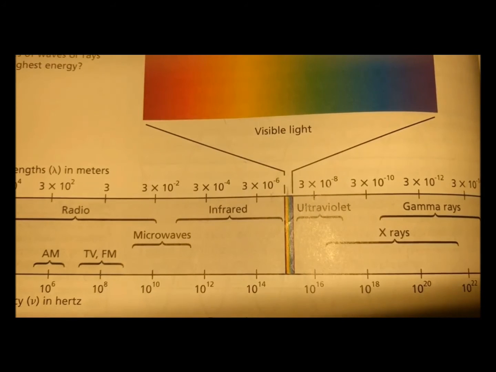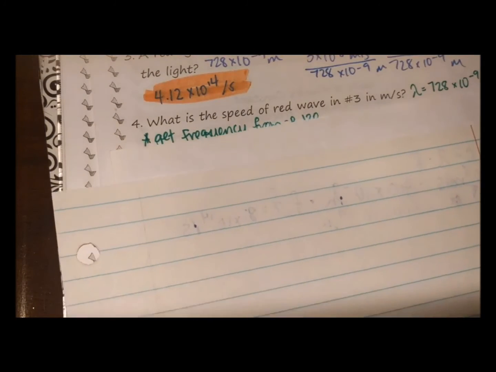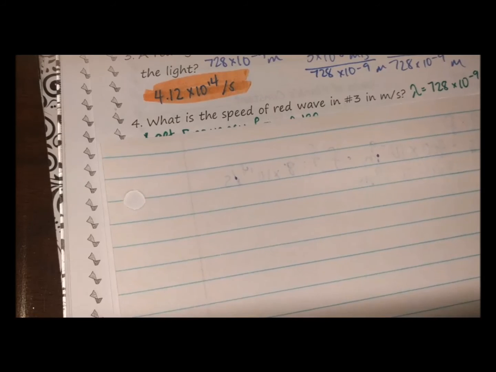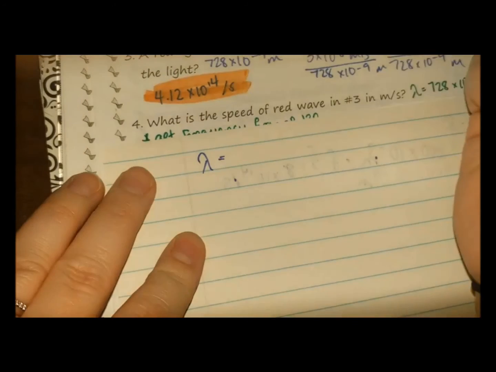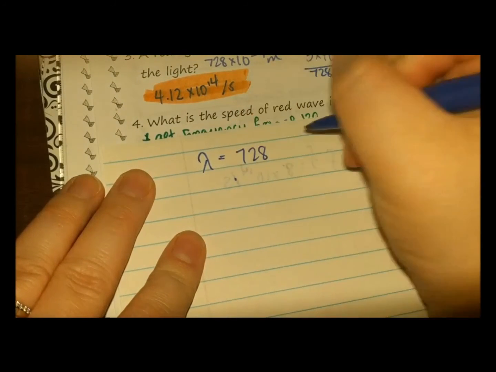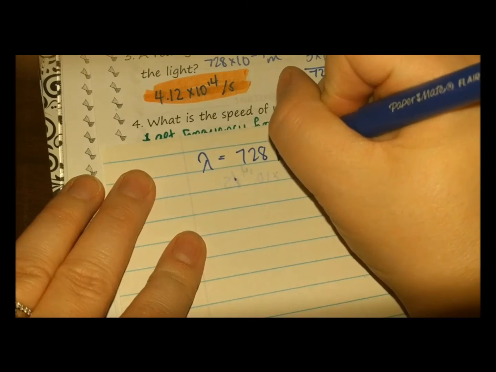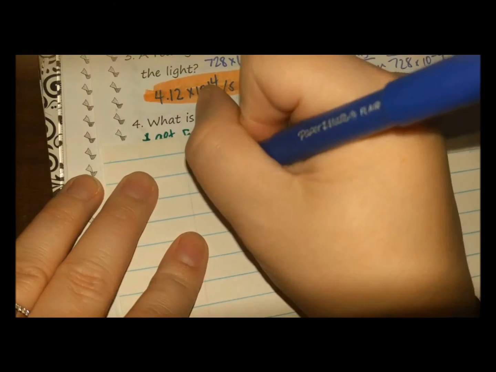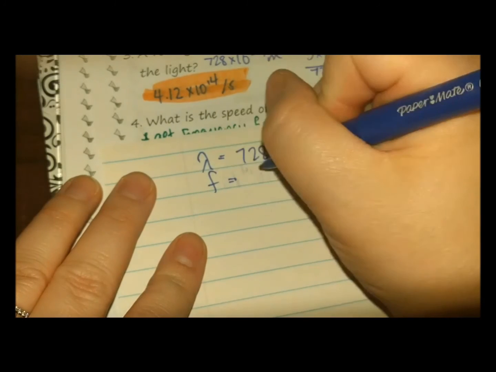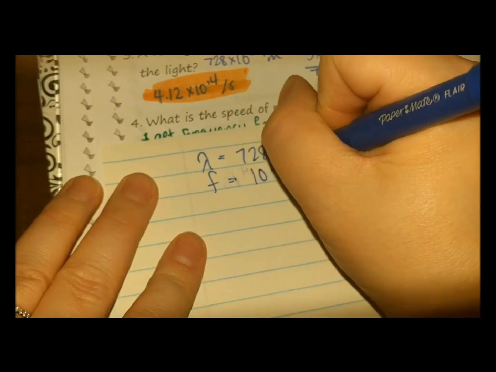So I would say 10 to the 15th power for red light. So the wavelength they gave us in the previous problem, 728 nanometers. And the frequency we just got from that chart, 10 to the 15th per second.